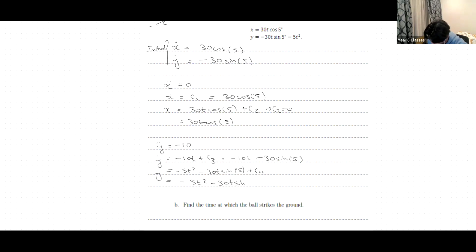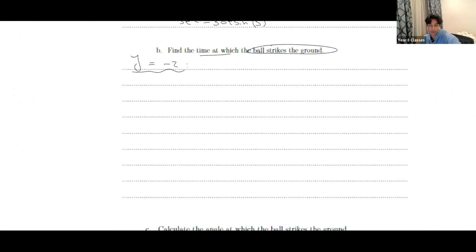Nice. Now let's find the time at which the ball strikes the ground. So what do I know when the ball strikes the ground? So when y is negative 2. Yep. So we know y equals negative 2.